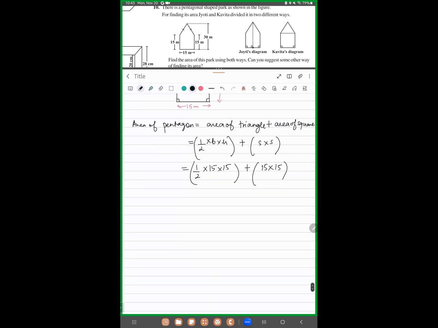So this is half into 15 square plus again 15 square. 15 square is 225.